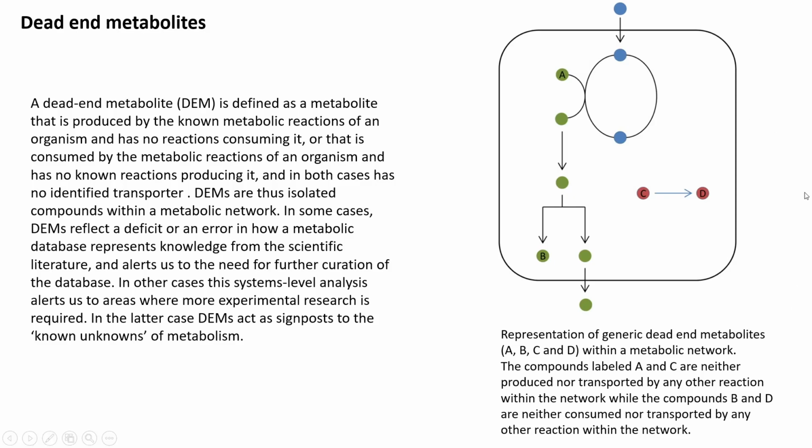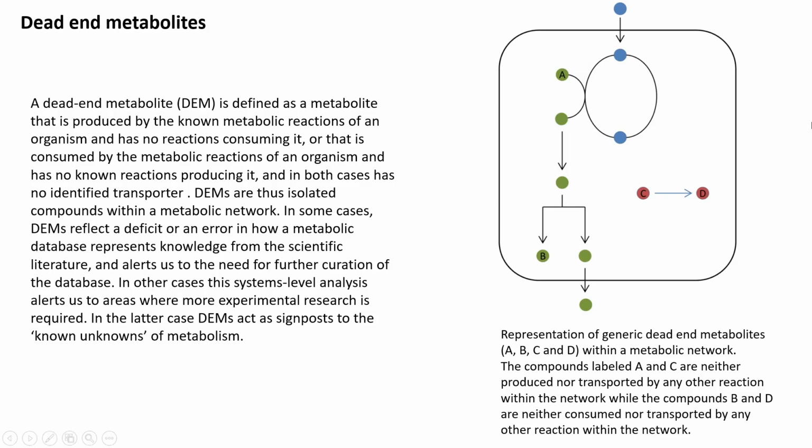So if you see in this panel, this is a representation showing dead end metabolites. You have four components here. You have A, B, C, and D. The compounds A and C are neither produced nor transported by any other reaction within the network. So A and C are not produced or transported by any kind of reactions or any kind of transporters inside the cell.